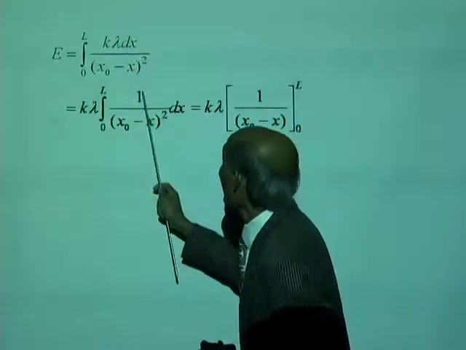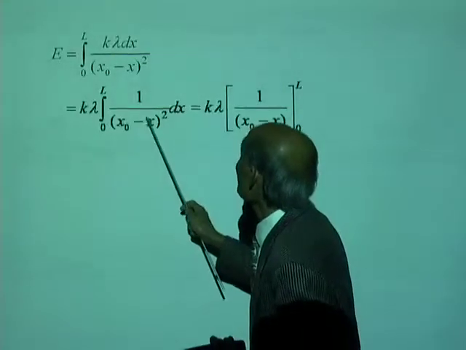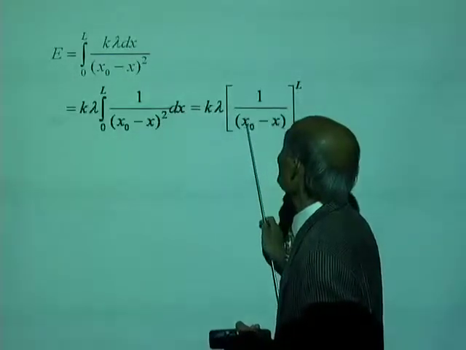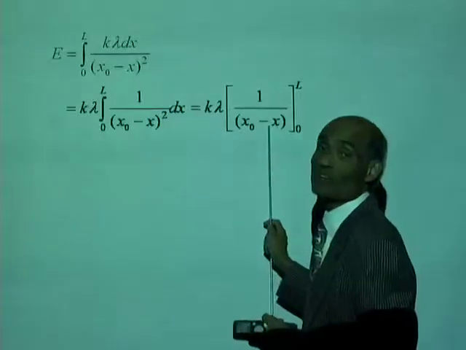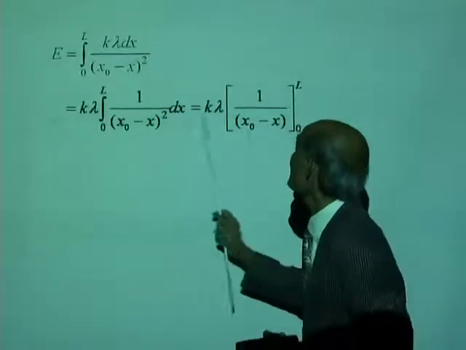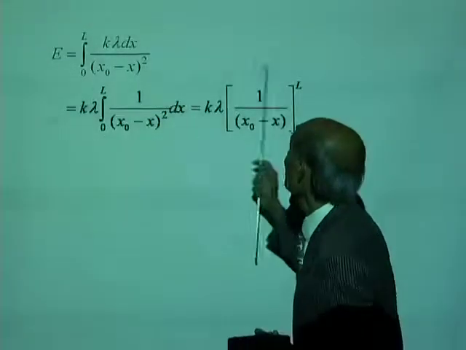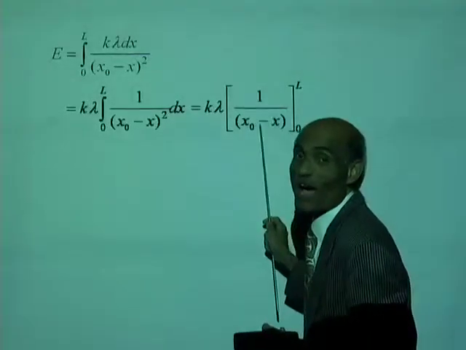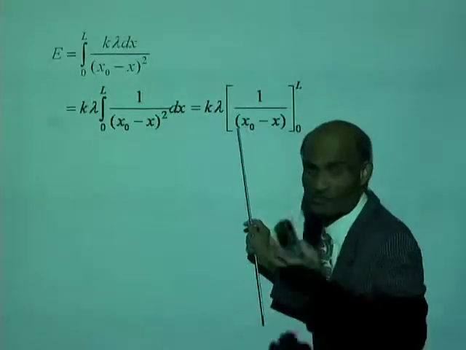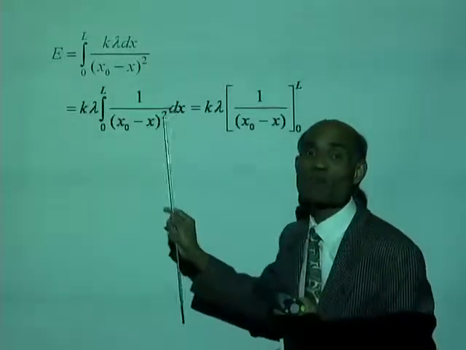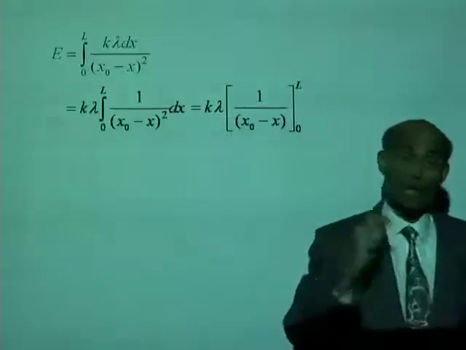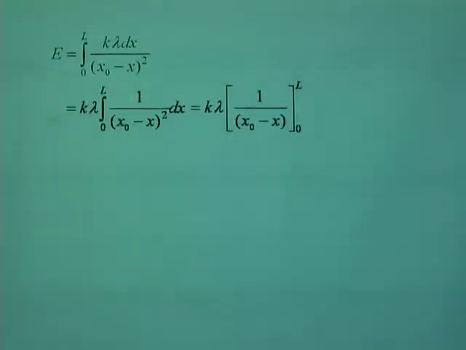The integral of 1 over (x0 minus x) squared is actually 1 over (x0 minus x), and the lower limit is 0, the upper limit is L. If anybody wants an explanation on how it is integrated, write to me. But I would expect most of you to know this. You see, I will give you a clue. The clue is this.